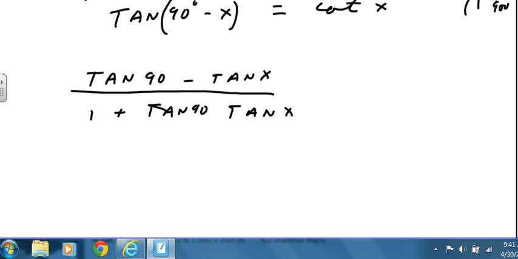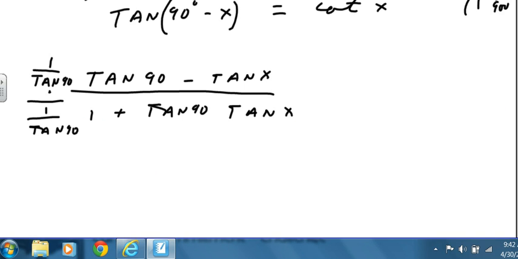So what should we do? Okay, we're going to multiply top and bottom by 1 over tangent 90. We're going to ignore the fact that I'm dividing by 0. How's that? Ignore the fact that tangent 90 is undefined, and just multiply top and bottom by 1 over tangent 90.